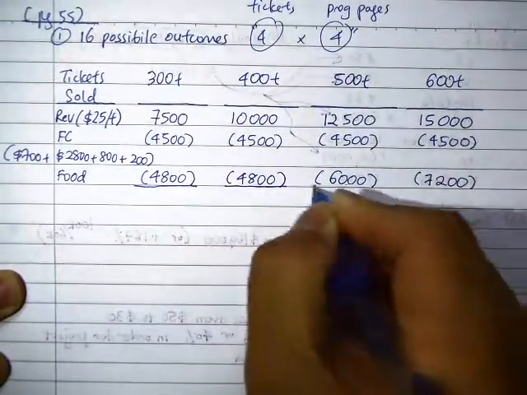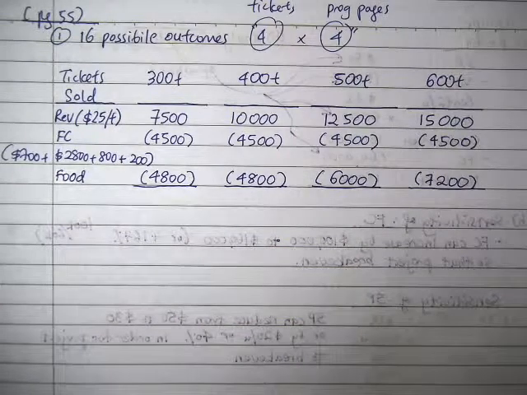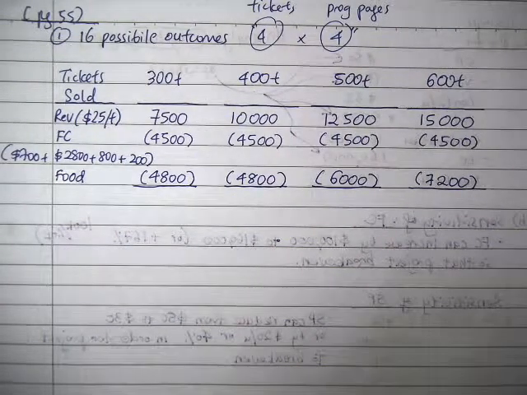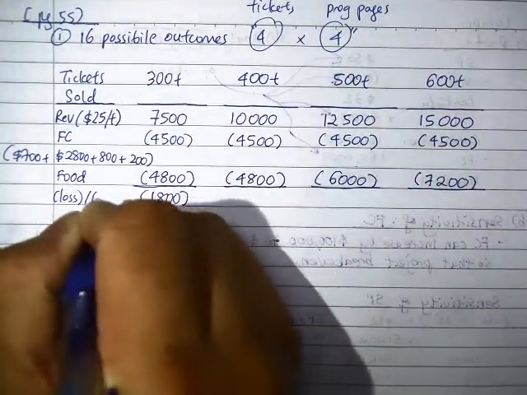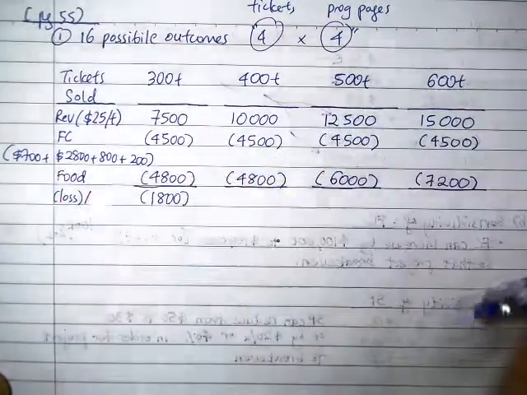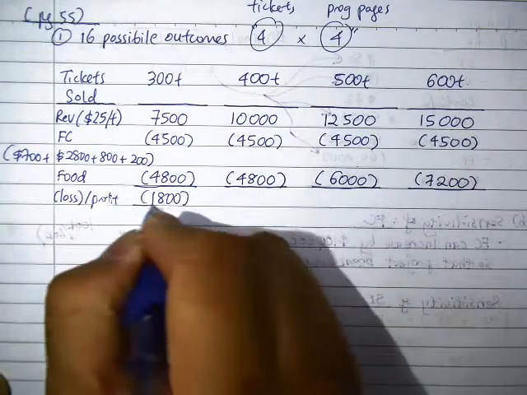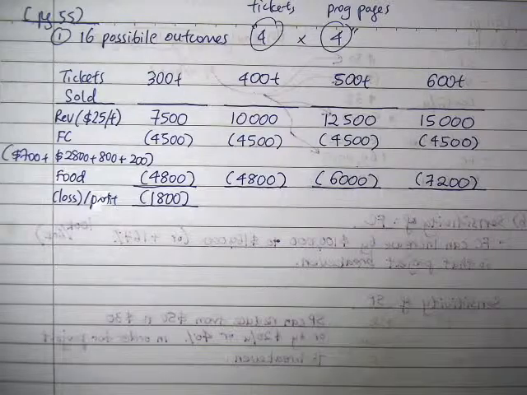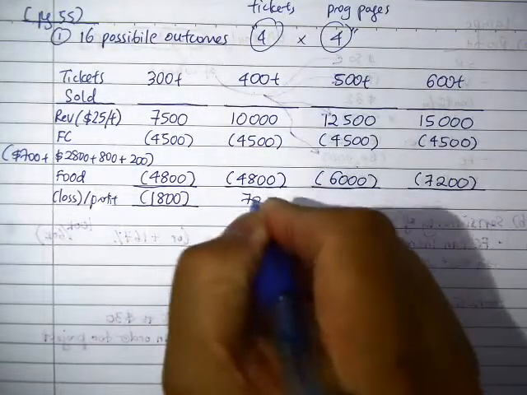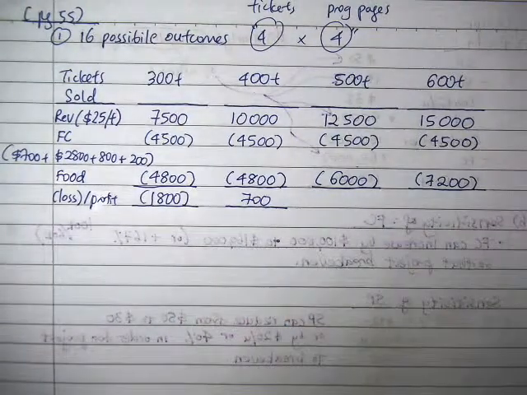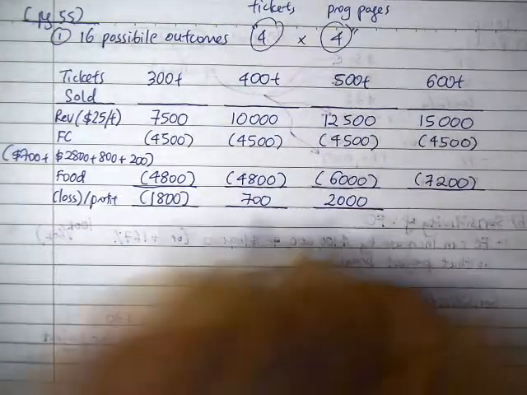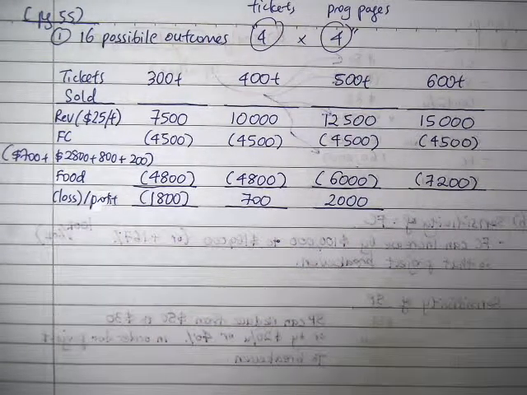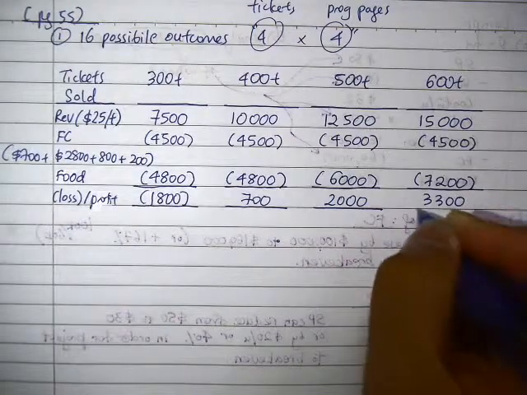Okay. So we make a loss $1,008. Profit 700, 2,000, 3,003.